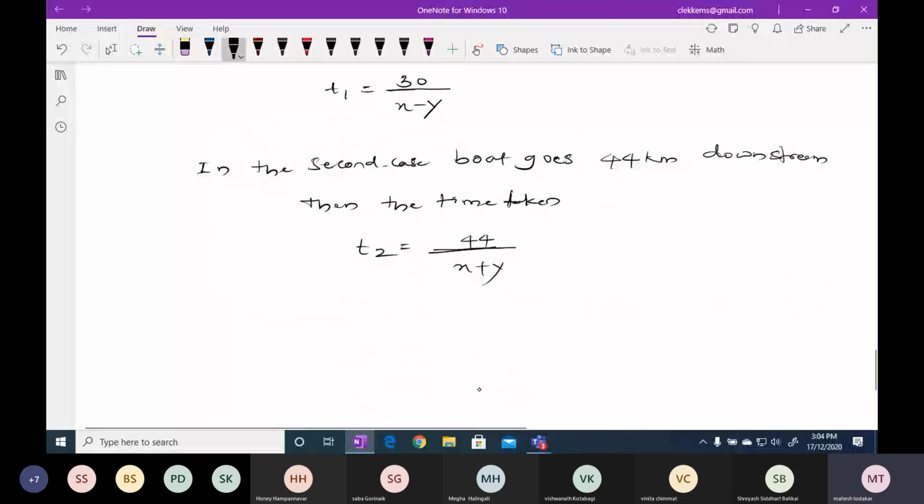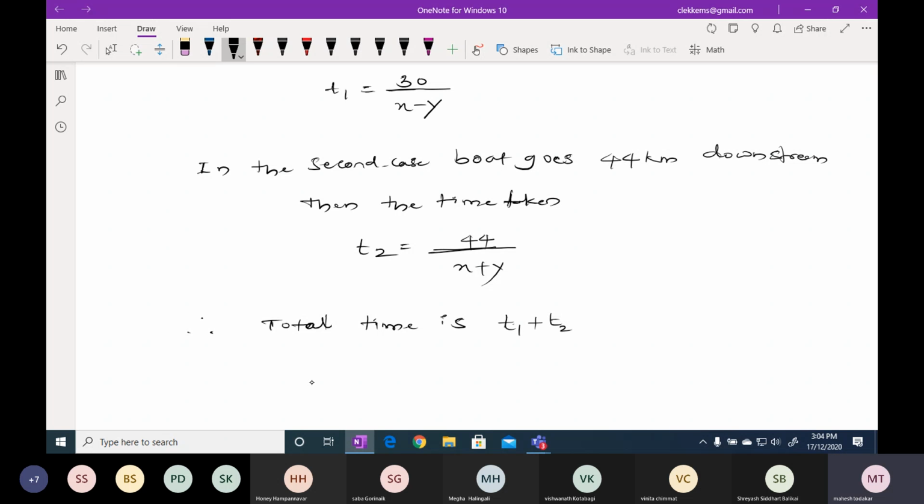So together the total time is t1 plus t2.